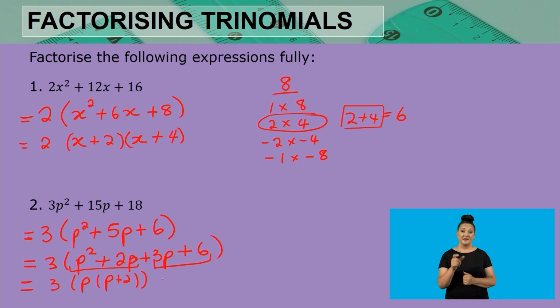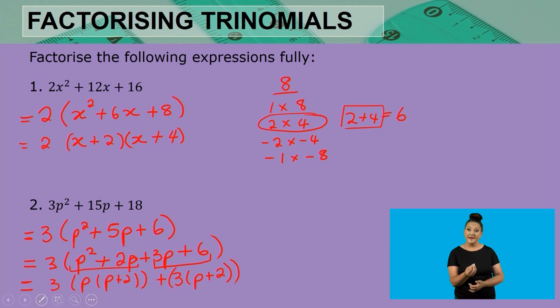And in that second group, we have a common factor of 3, and we are left with p plus 2. Now, both of those terms have a p plus 2 as a common bracket.